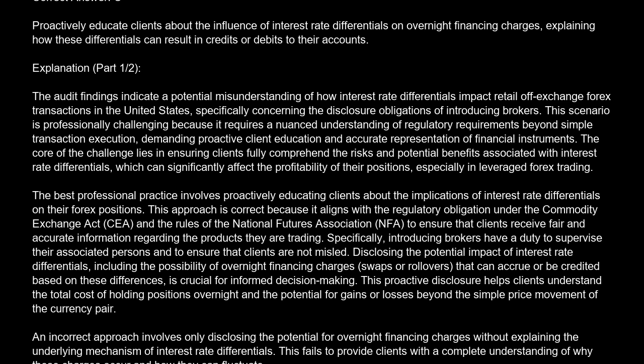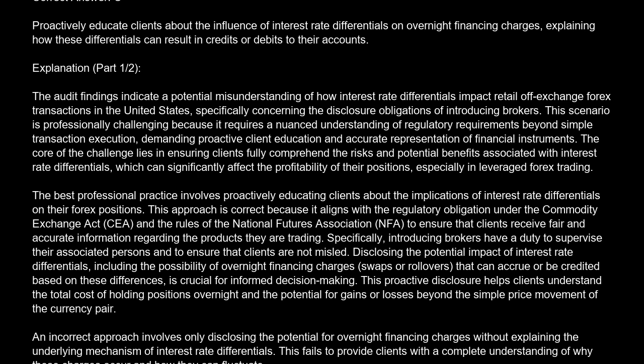The best professional practice involves proactively educating clients about the implications of interest rate differentials on their Forex positions. This approach is correct because it aligns with the regulatory obligation under the Commodity Exchange Act (CEA) and the rules of the National Futures Association (NFA) to ensure that clients receive fair and accurate information regarding the products they are trading. Specifically, introducing brokers have a duty to supervise their associated persons and to ensure that clients are not misled.